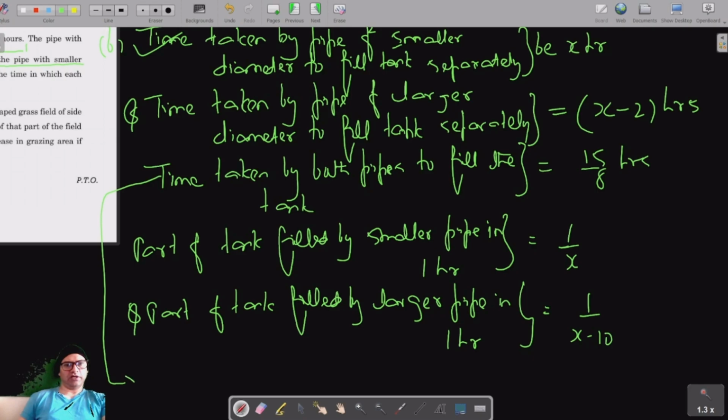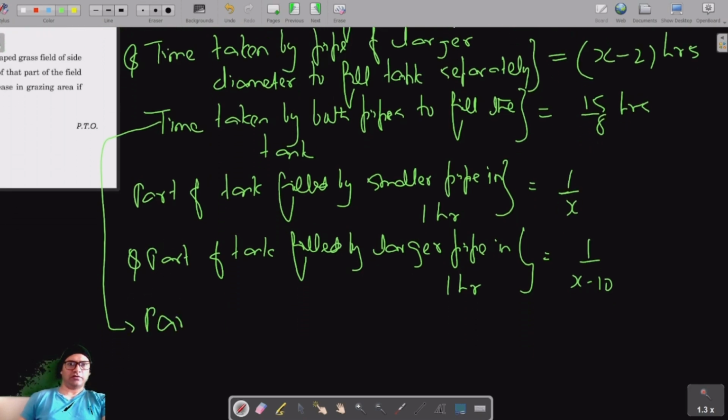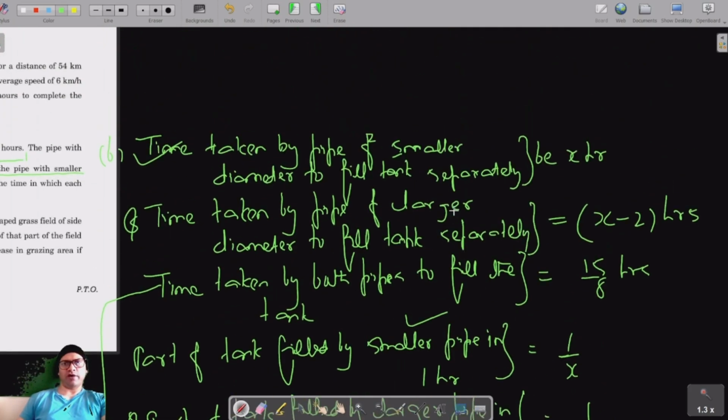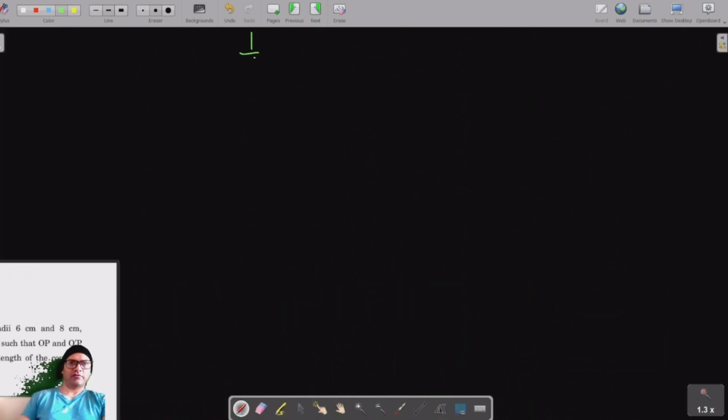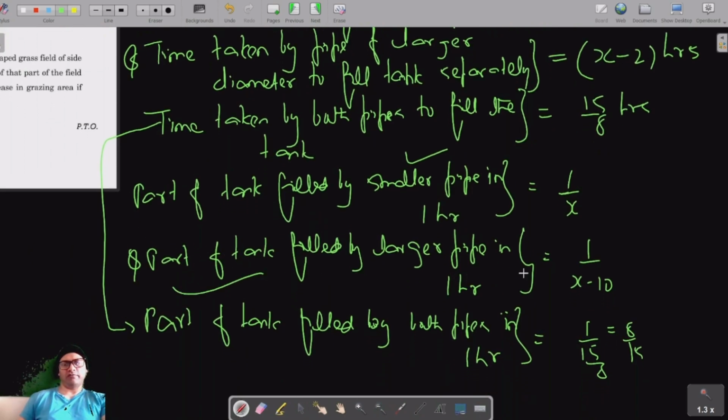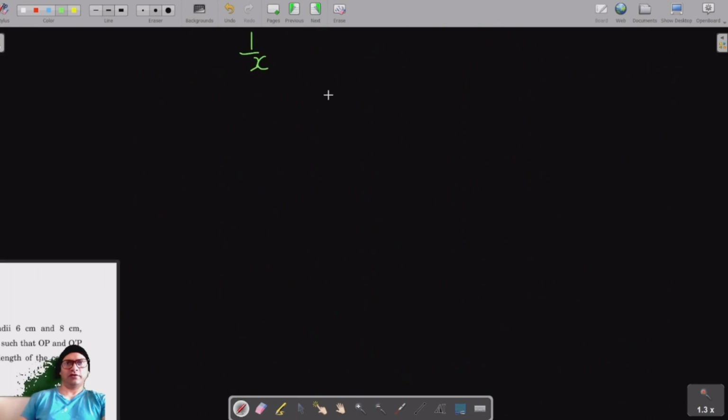And from this we can get the part of tank filled by both pipes in 1 hour, which will be 1 upon 15 by 8, and that will be 8 by 15. Now, this is the part filled by the small pipe in 1 hour, 1 by x, and this is the part filled by the larger pipe in 1 hour, 1 upon x minus 10.